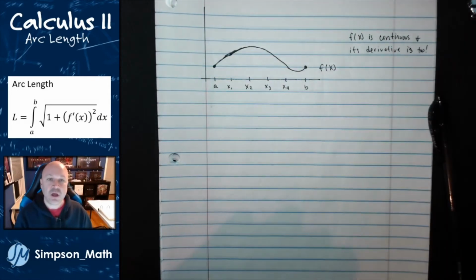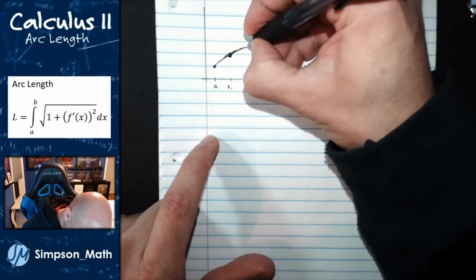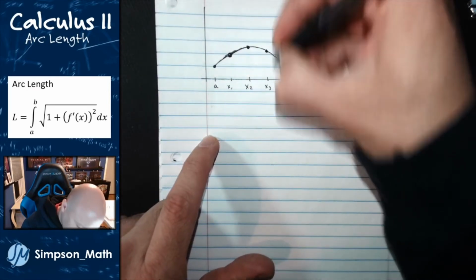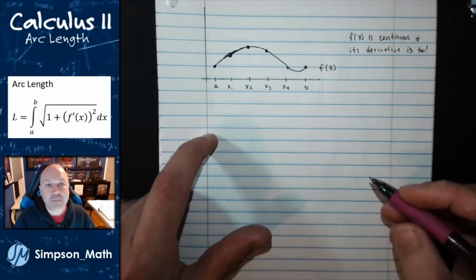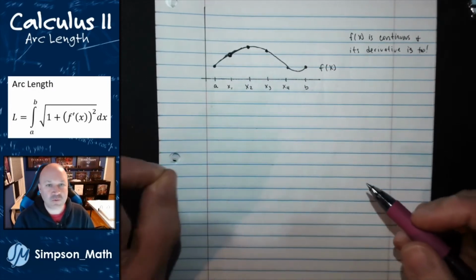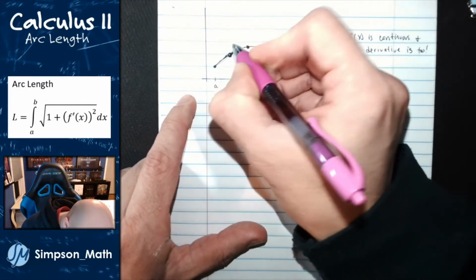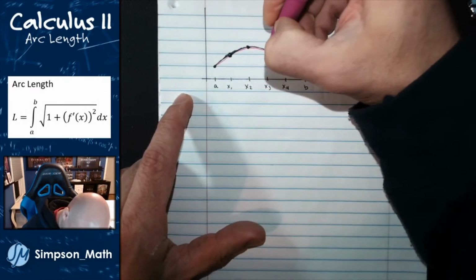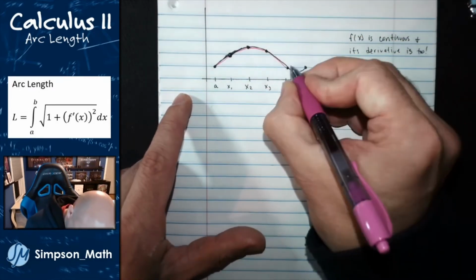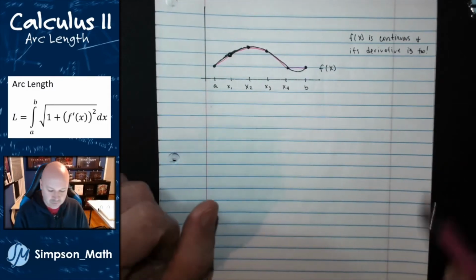And then I'm going to draw points on the function at those x values. And then I'm going to draw the curve using just those points. So no curvature, just straight lines. So something like that.